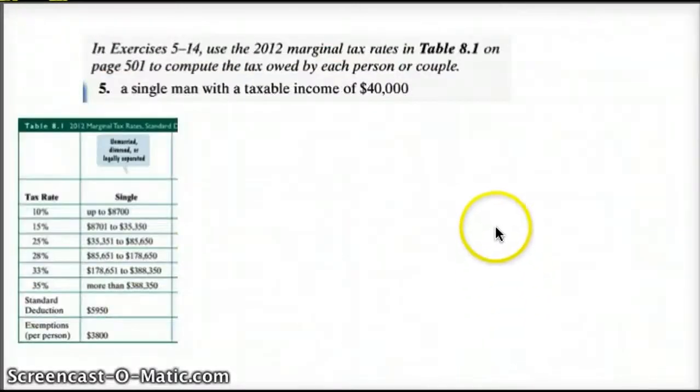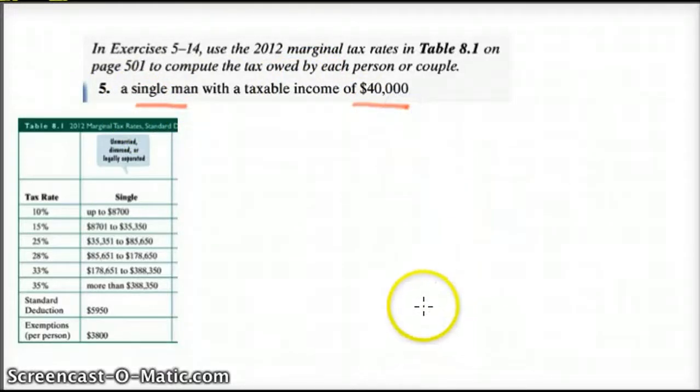Okay, now notice here, this one's saying use the table to compute the tax owed by this particular person. So who are we dealing with here? A single man with an income of $40,000. Okay, I'm going to look at the chart, and I see 10%.